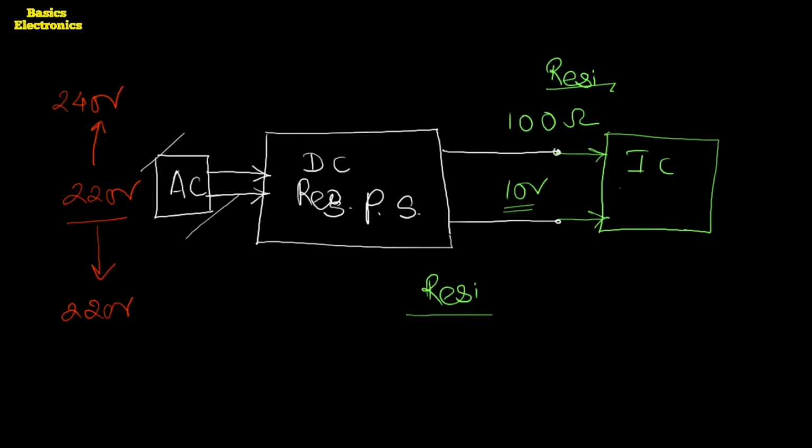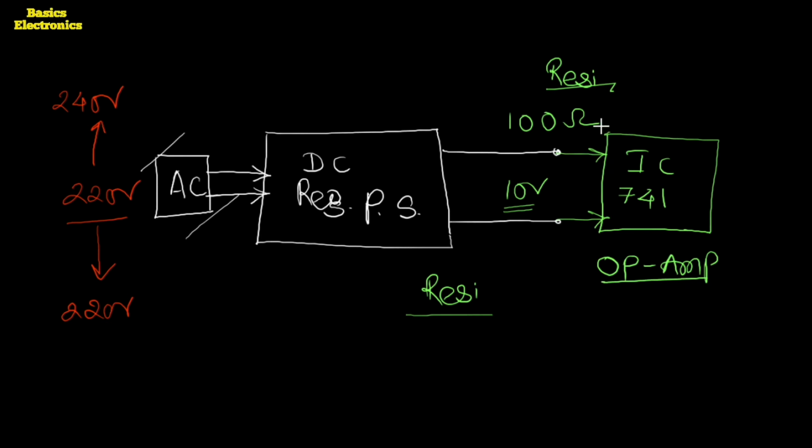What I do here, instead of using the IC 555, I am going to use one more IC, and that IC is IC 741, the operational amplifier IC, which we call an op-amp IC.